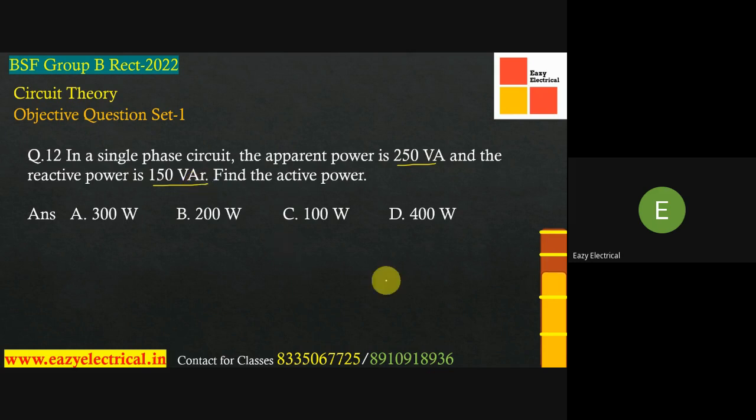So, what will be the active power? Try and calculate.